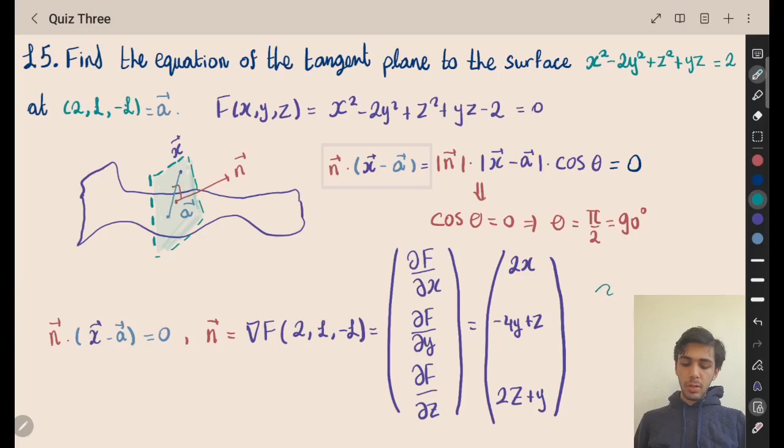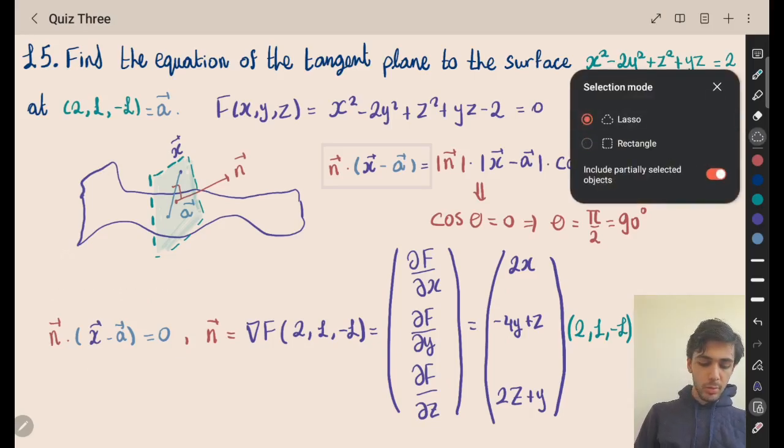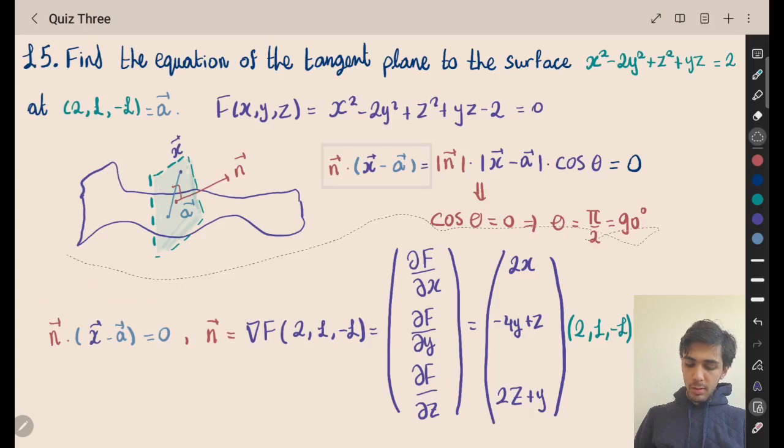Now notice that we're looking at the value of this vector at (2, 1, -1). And so this is something we can evaluate. I think now it's a good time to minimize this part.